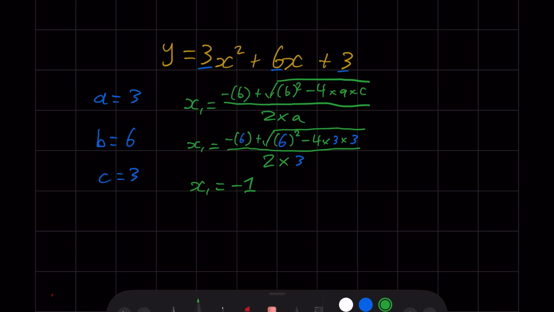So what does x2 equal? Well, remember that it is the exact same, except we change that plus to a minus.